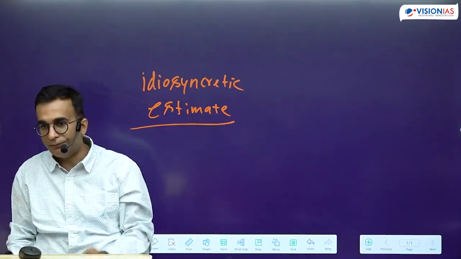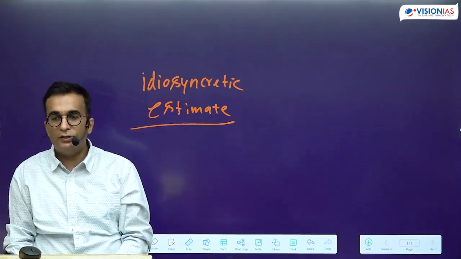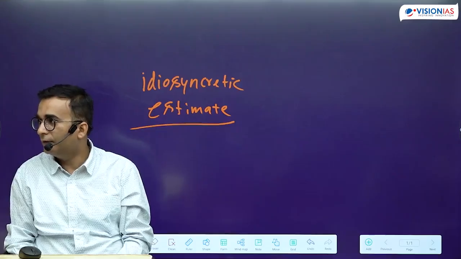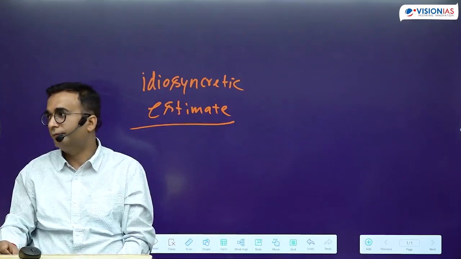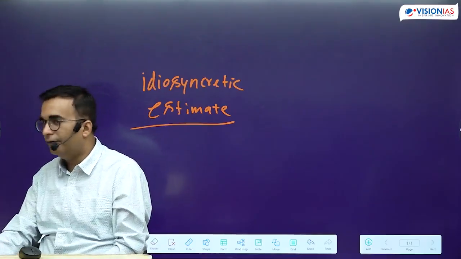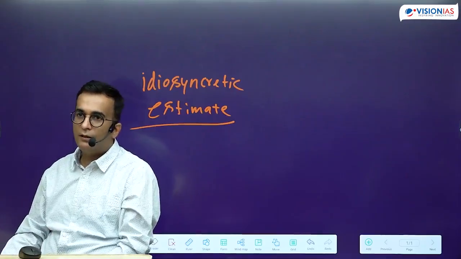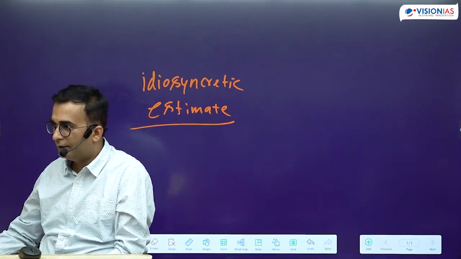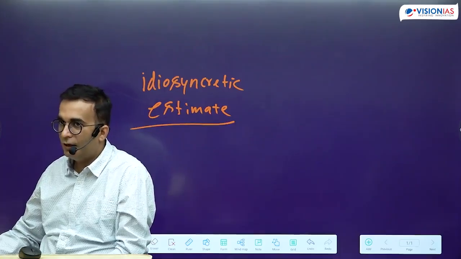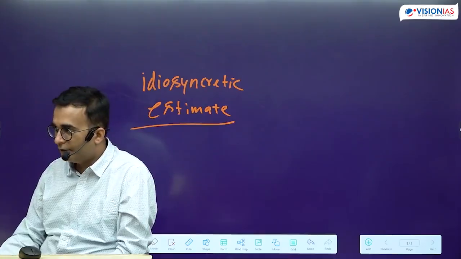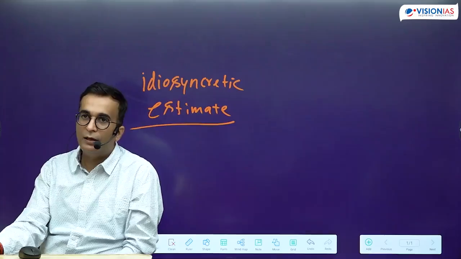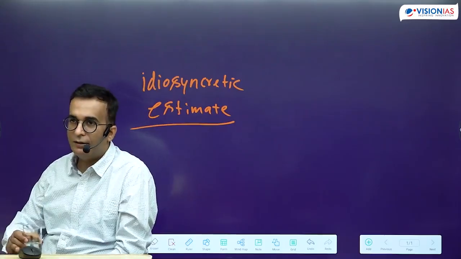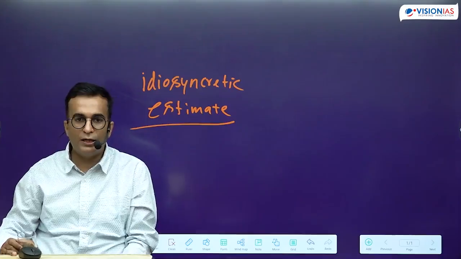So mention, you write: The agricultural depression of 1829 further aggravated the problems of peasants of North India.